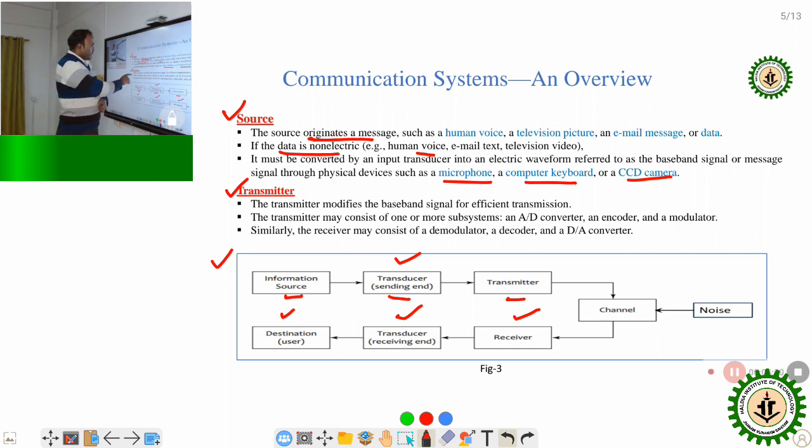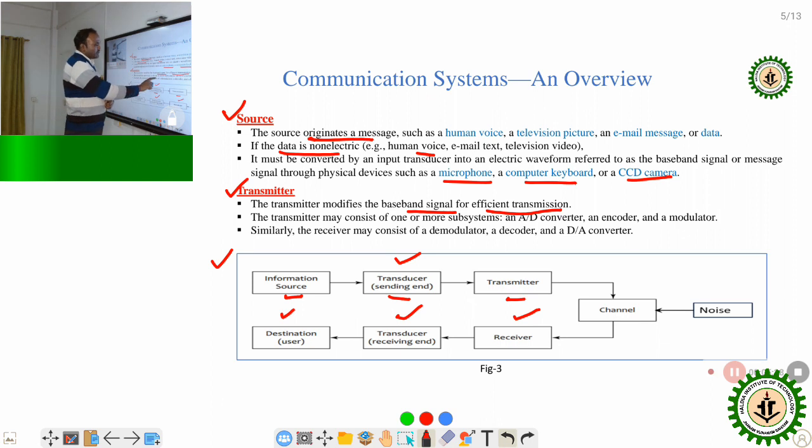The transmitter modifies the baseband signal for efficient transmission. Basically, the transmitter can modify the baseband signal, that is, the electrical signal, through some type of conversion, so that we can use the appropriate type of channel.